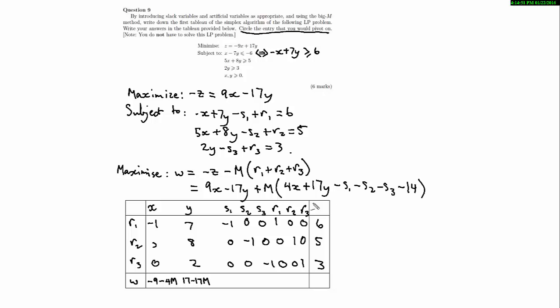Okay, now for s1, we have minus m s1, which will be m, and same again for s2 and s3. Now r1, r2 and r3 don't make an appearance, so there's zeros for those entries, and then finally we have minus 14m for the bottom right hand corner entry.